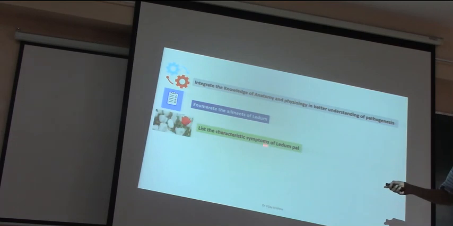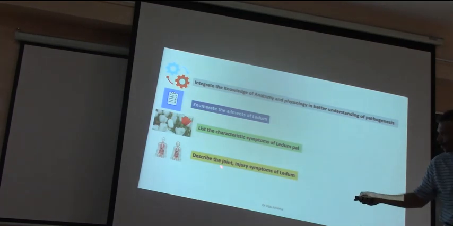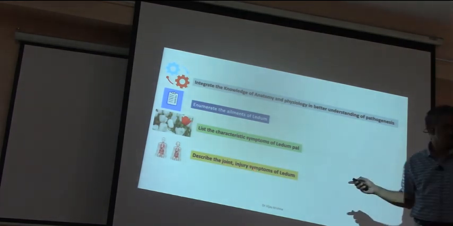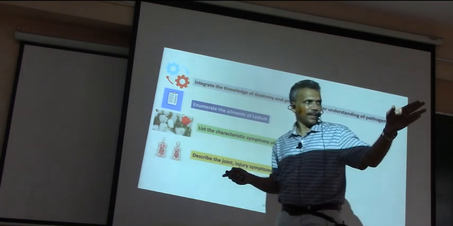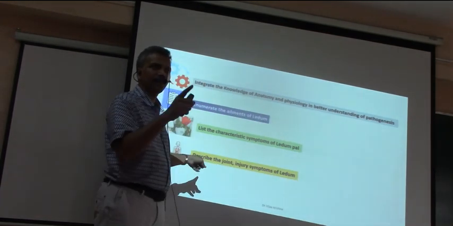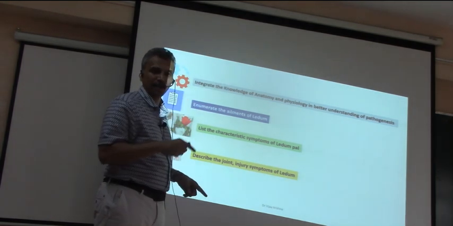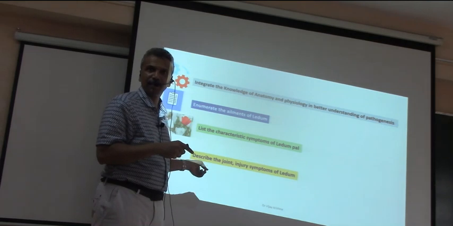And characteristic symptoms, hope this is clear. Then we spoke specifically of joints and injuries. And the materia medica which will help us in understanding the particular symptoms is mainly anatomical materia medica.